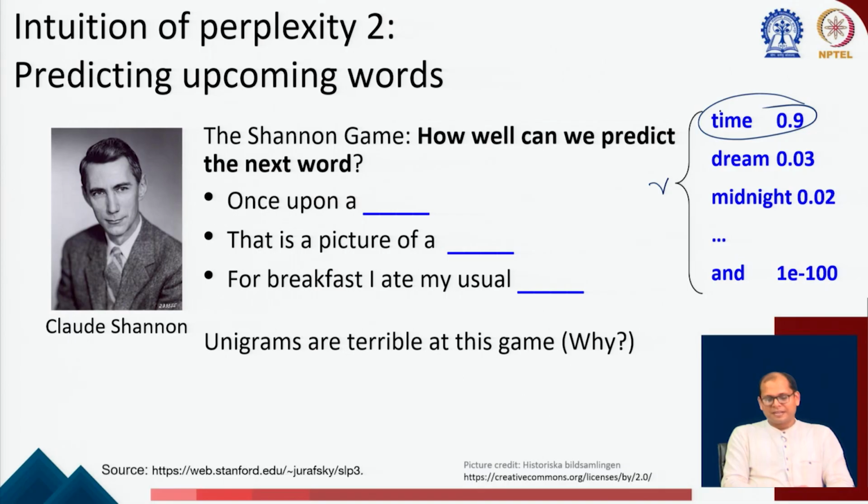Now, what language models can I use for this game? You are given this sequence and you have to predict the next word. So I need this distribution conditioned on the previous words. It will be estimated like: bigram will say only a, trigram upon a, and quadgram once upon a, right? Let's say I'm using a quadgram here. But can I use a unigram language model?